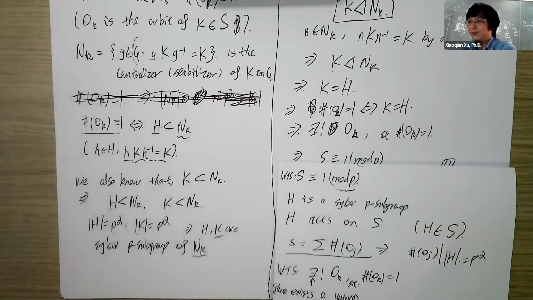So basically, as long as you use a group action, the orbit and the stabilizer will become your friends. They are your friends simply because they are factors of something that you already know. Okay?